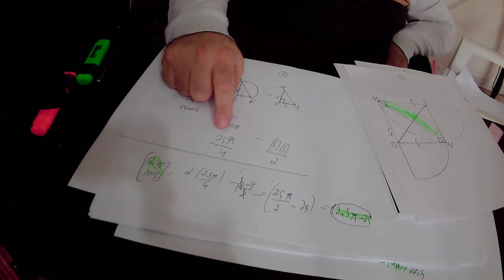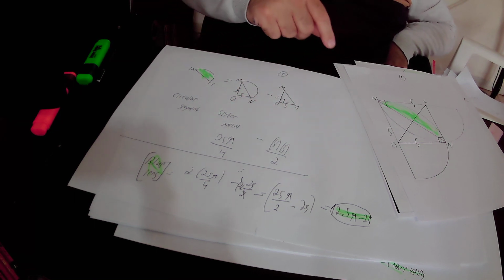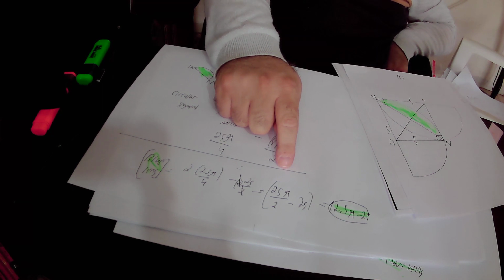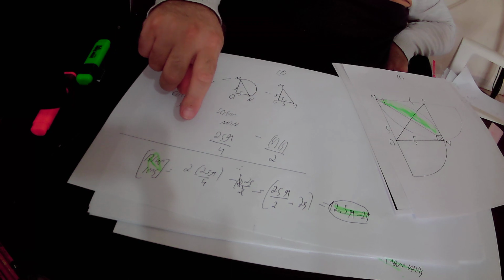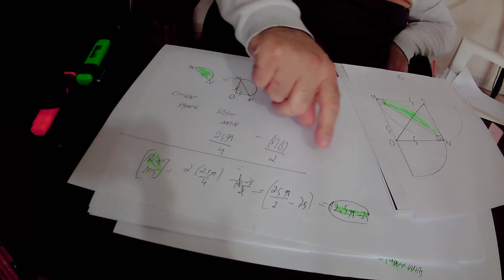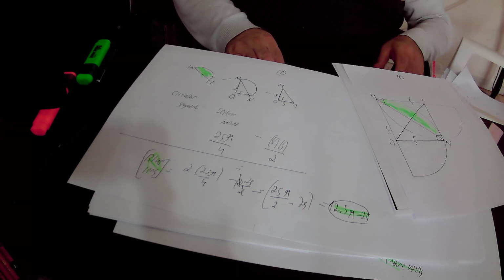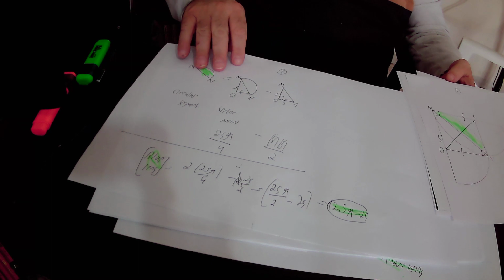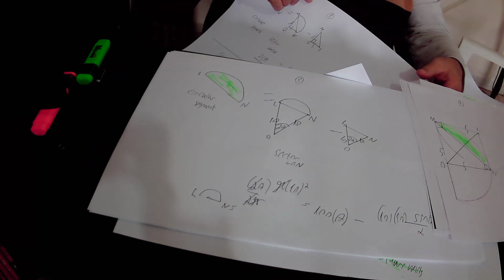So in conclusion, this expression equals 25 pi over 2. 25 over 2 is 12.5, so in conclusion this expression equals 12.5 pi, and the area of the blue lens equals 12.5 pi minus 25 square units. So we finished with the blue lens. In the next step we'll find out the area of the big lens.